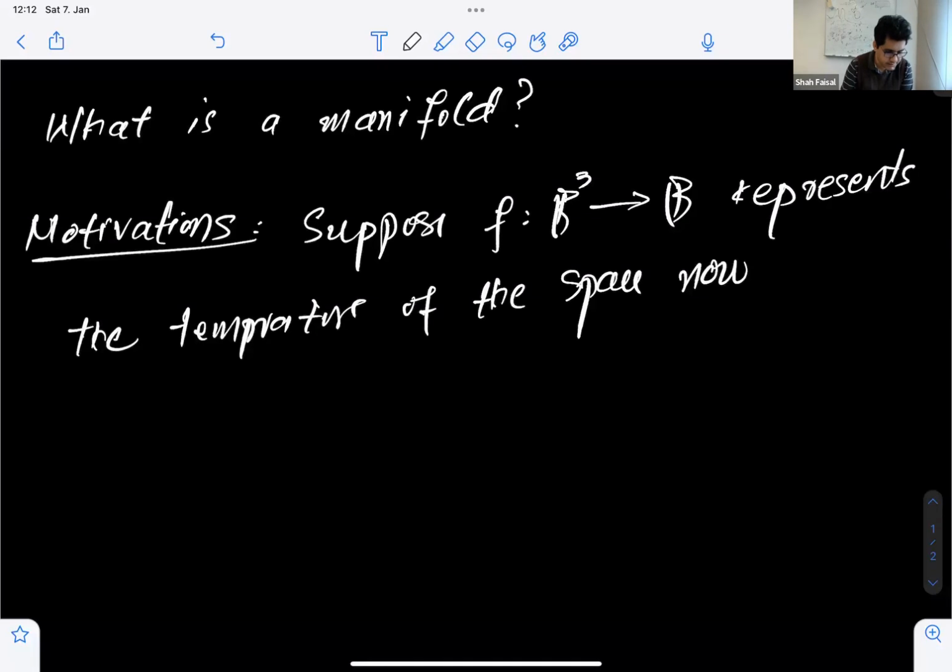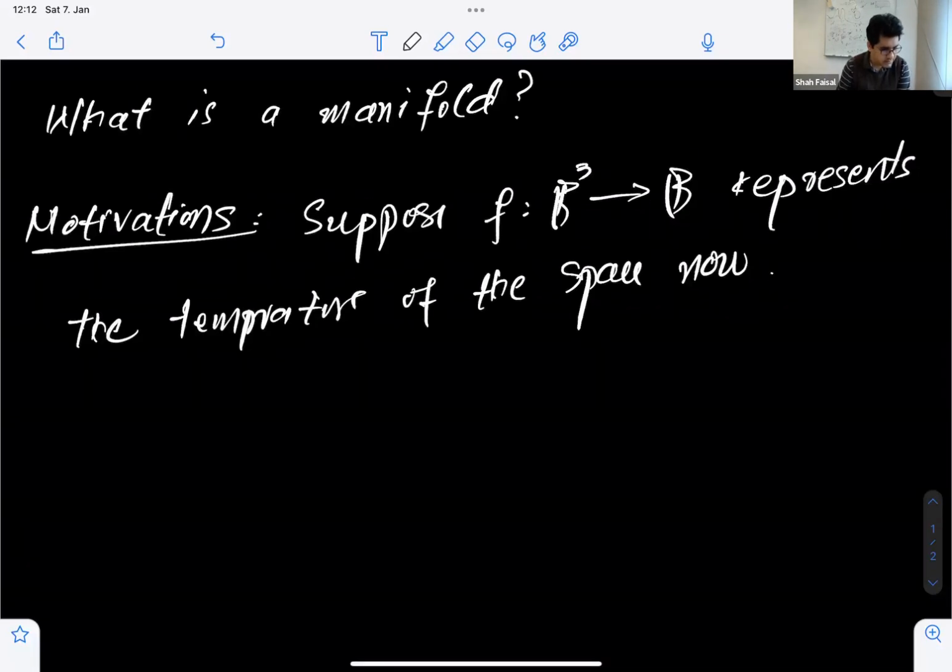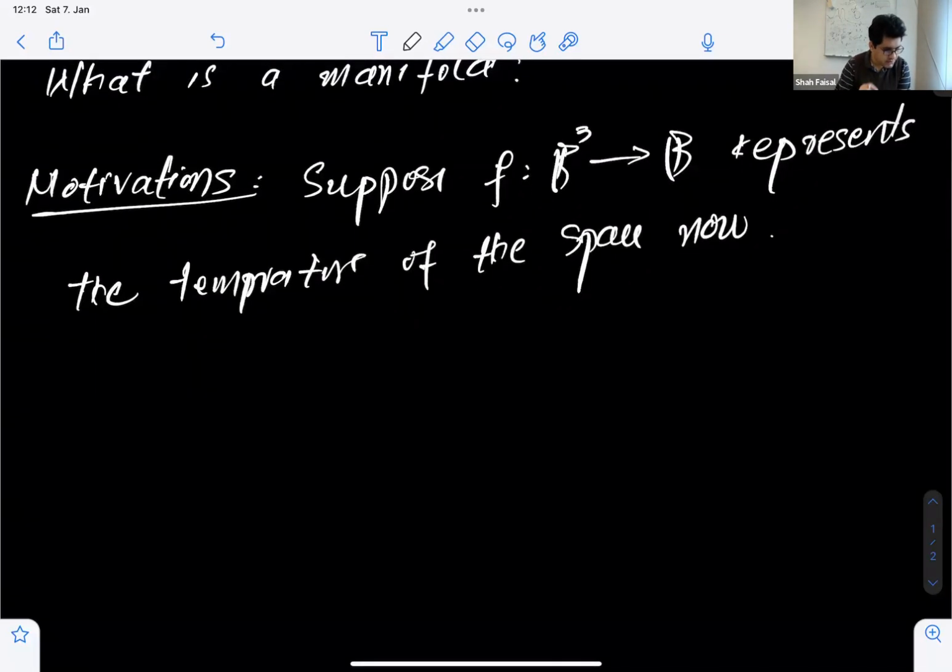At this moment, let's say there's the function. So at each point in the space, it assigns a real value, and that is basically the temperature at that point.